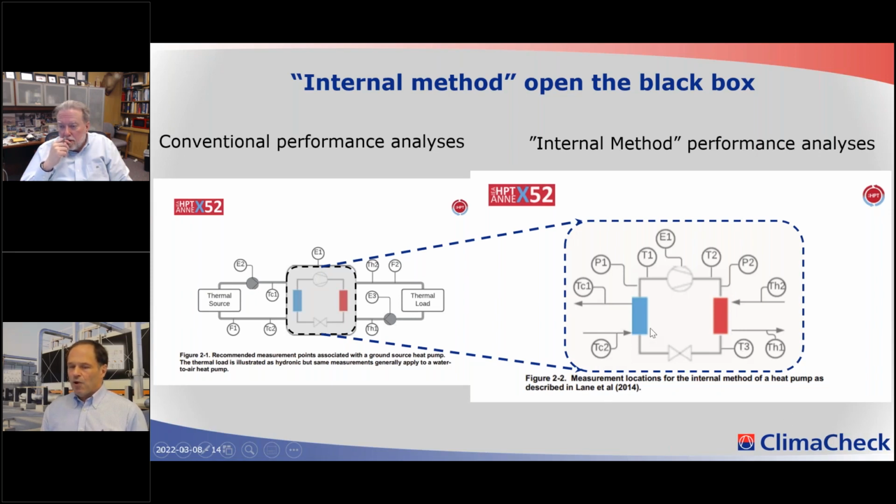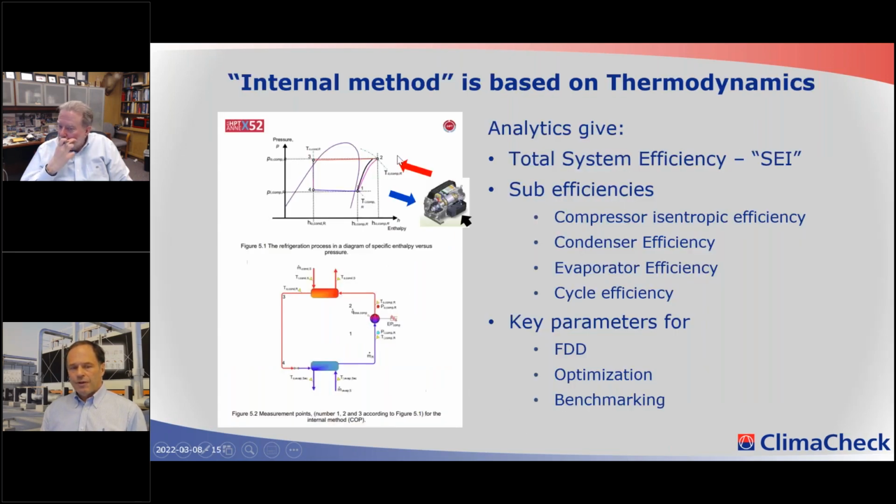By combining these and doing the thermodynamic analytics, you can get complete data on the performance of the system. So these are the basics of any training in refrigeration or thermodynamics. You can calculate the process when you have the pressures and temperatures.